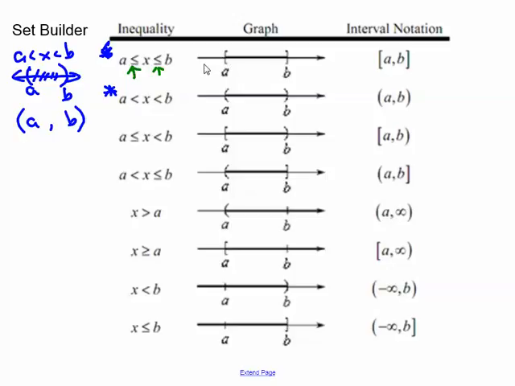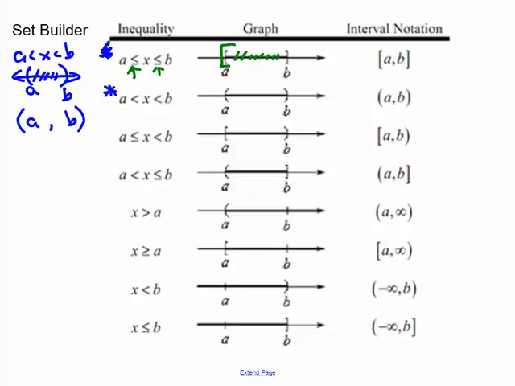The next step would be to create our number line. x is greater than or equal to a means that here's our a as our border. x is less than or equal to b means b is our border. Here's my border there, my border there, and all my solution right in here. Because x is greater than or equal to a, we put a square bracket.